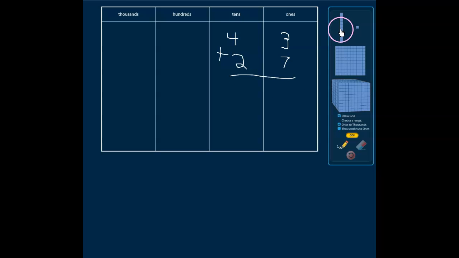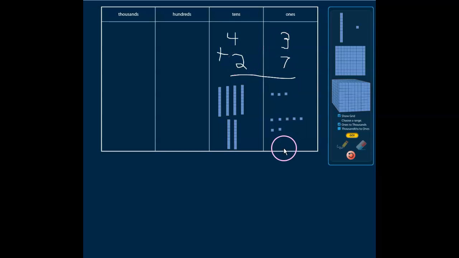Well, let's go ahead and get some blocks to also model that. Okay, so I have 4 tens and 3 ones because I have 43. And I have 2 tens and 7 ones because I have 27.